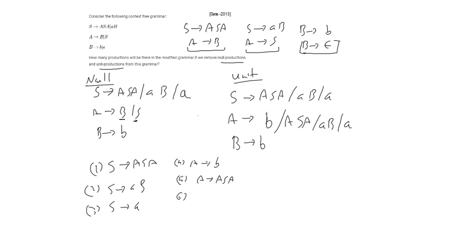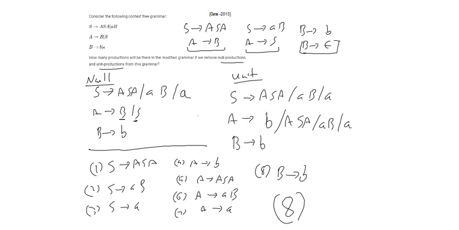Sixth one is A implies AB. Seventh one is A implies a. And the eighth one is B implies b. So the answer will be 8. After removal of null and unit productions, we will have 8 productions in the resultant grammar.